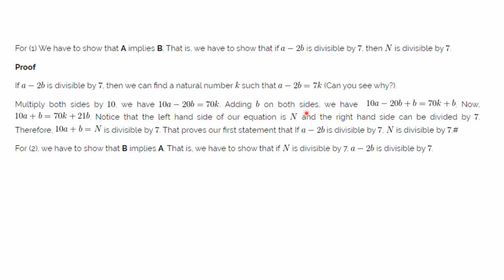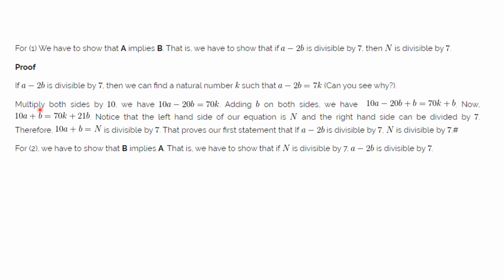And if we add B to both sides, we will have that 10A minus 20B plus B is 70K plus B. But now we can add 20B to both sides.